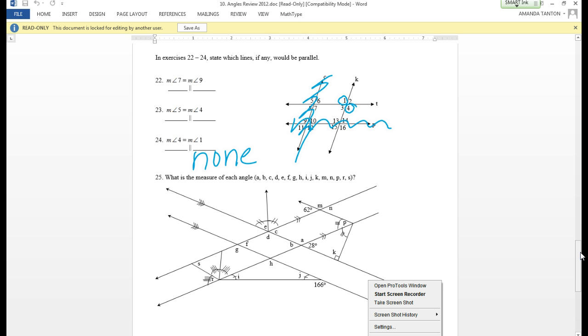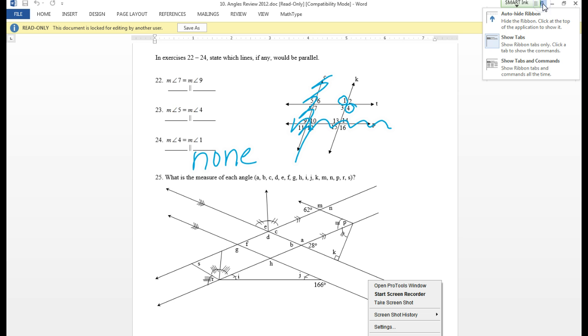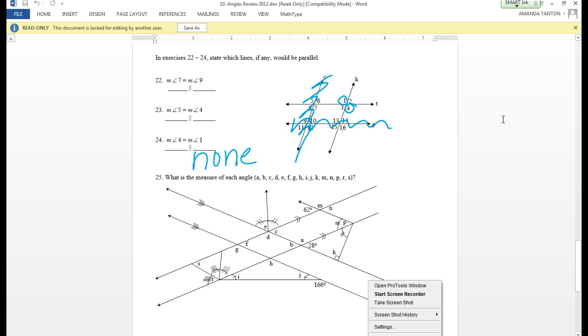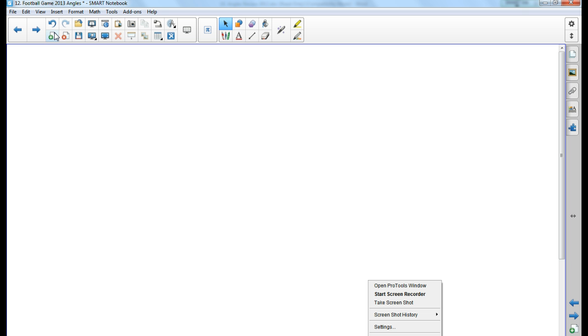Which problem? Oh, the Disney quiz. No, not the Disney quiz. Oh, number 3. Okay, let me steal it because I don't have a copy.